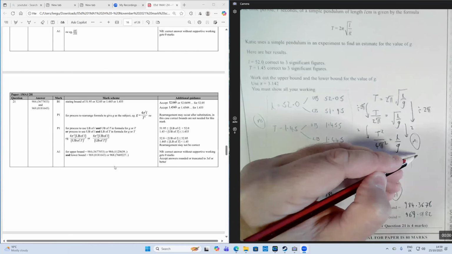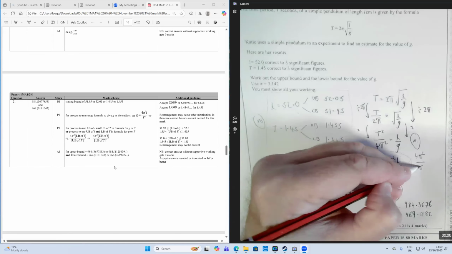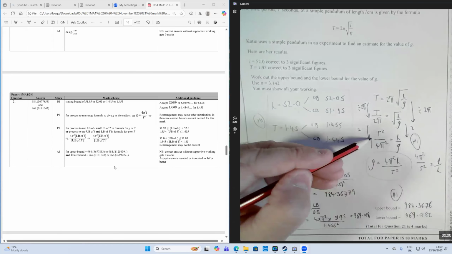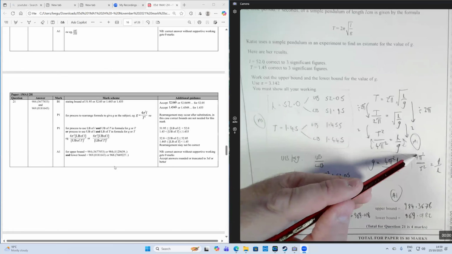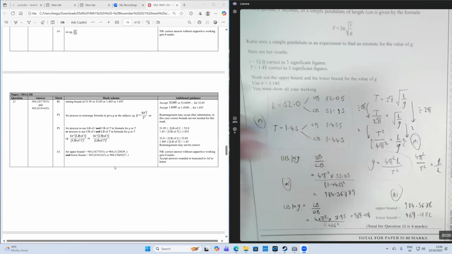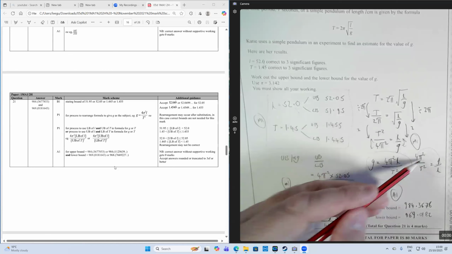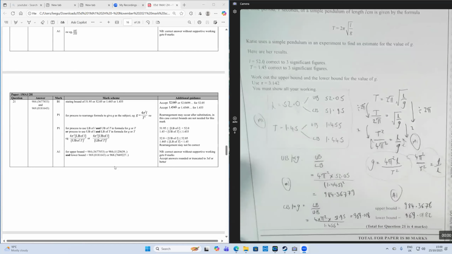We could think of this as 4 pi squared over t squared equals G over L. And all we've done is take the reciprocal of both sides and put it equal to each other. So 4 pi squared over t squared is equal to G over L. Now all we need to do to make G the subject is just times those sides by L, and we end up here. So there's our formula for G.